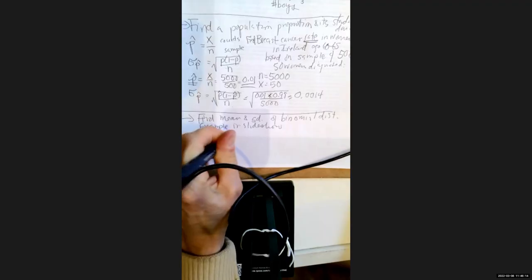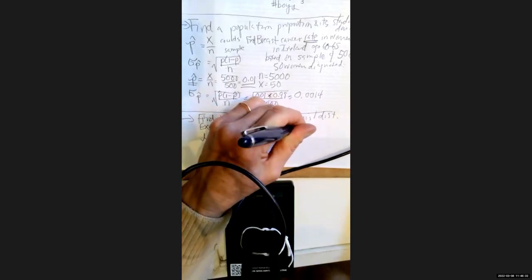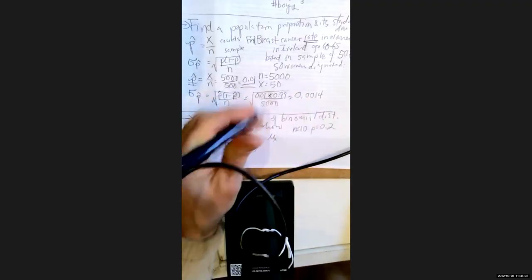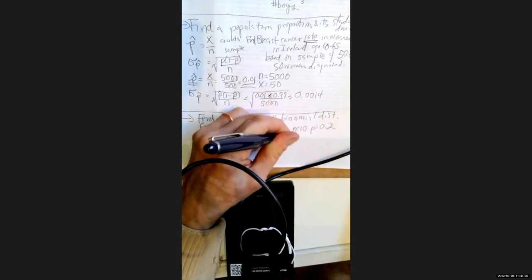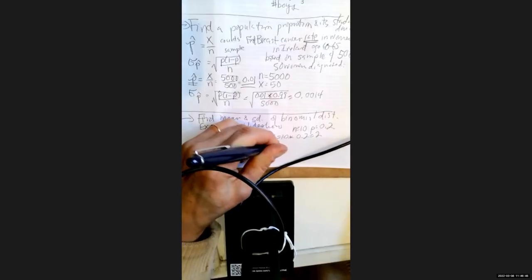It's going to equal little n times p, and our standard deviation is going to be the square root of little n times p times 1 minus p. So we did the distribution where little n was 10 and little p was 0.2.